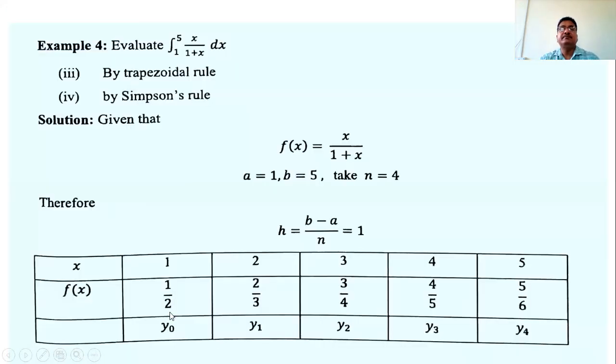Then the next problem: evaluate integration 1 to 5 x by 1 plus x dx by trapezoidal rule and by Simpson's rule, that is either Simpson's 1/3 rule or Simpson's 3/8 rule.